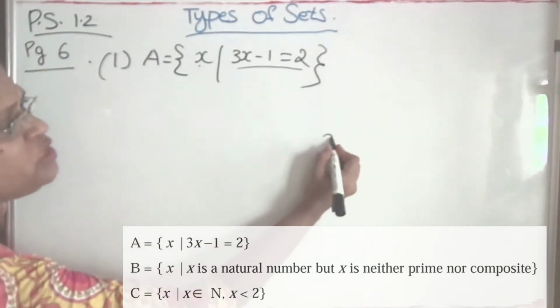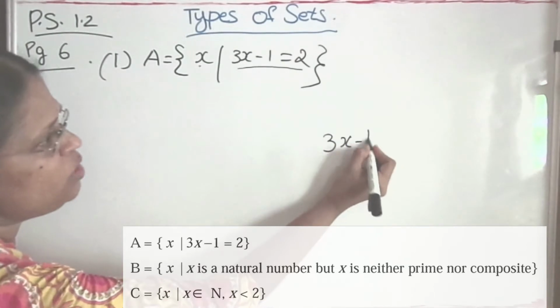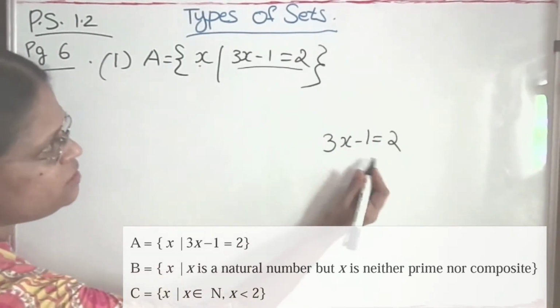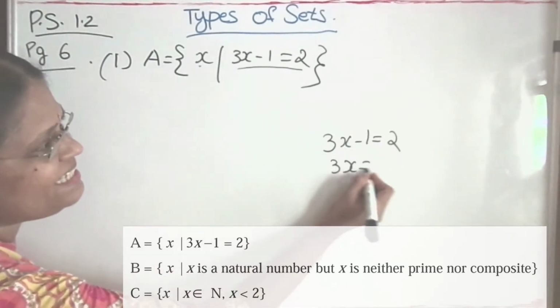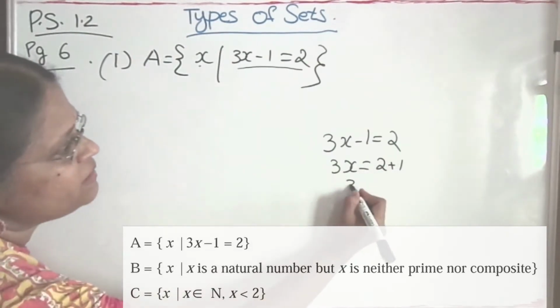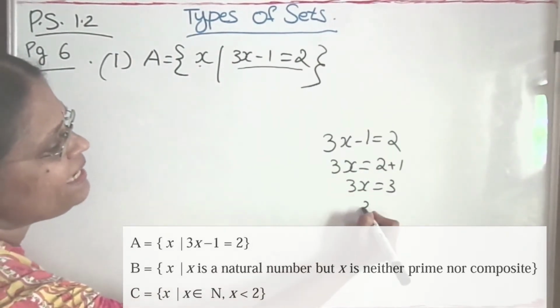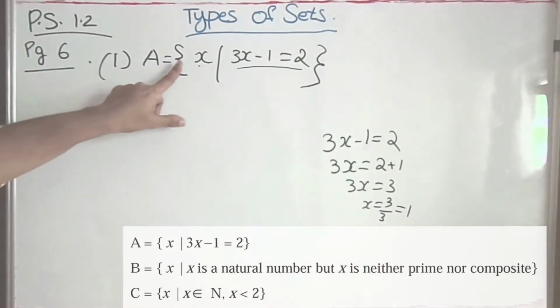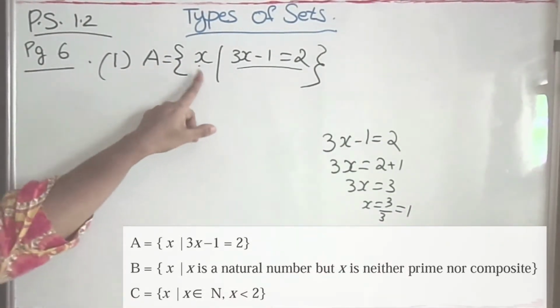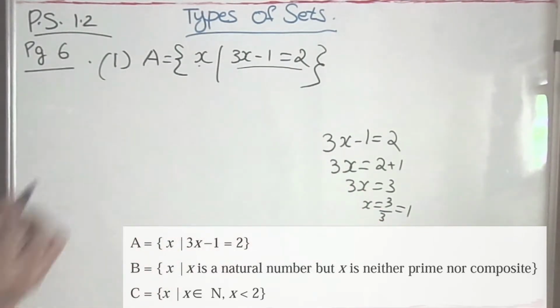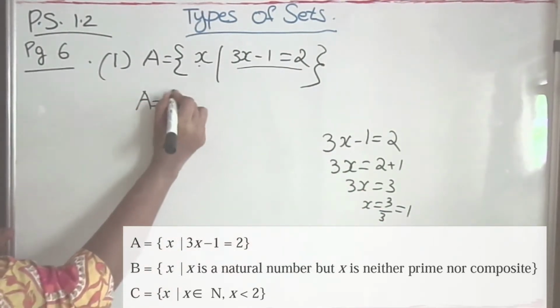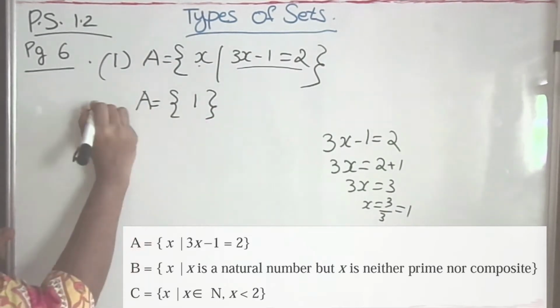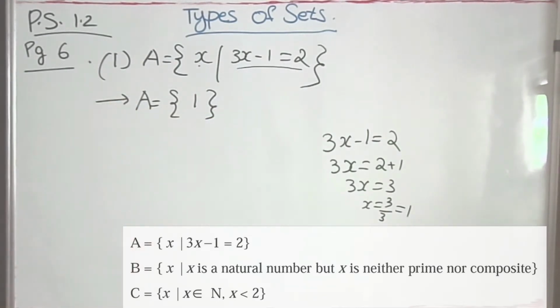So first we will solve this equation in the working column. 3x minus 1 is equal to 2. 3x is equal to 2 plus 1. 3x is equal to 3. x is equal to 3 upon 3, that is equal to 1. So that means A contains x, and we have found out the value of x. x is 1. So A contains the element 1.